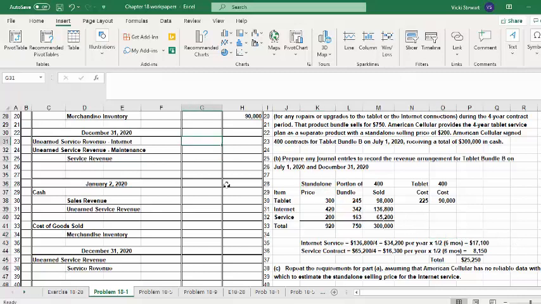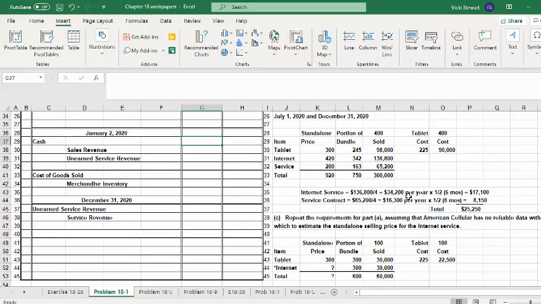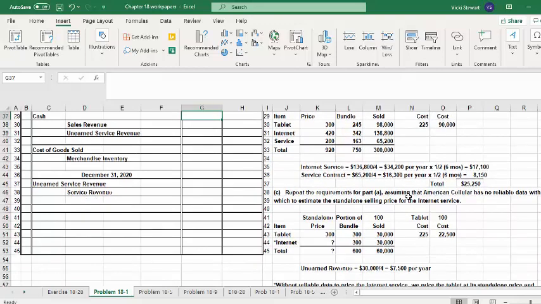So for the service revenue, we would debit unearned service revenue for the internet for $17,100, and we would debit the unearned service revenue for the maintenance for $8,150, and then we would credit the total to service revenue for $25,250.